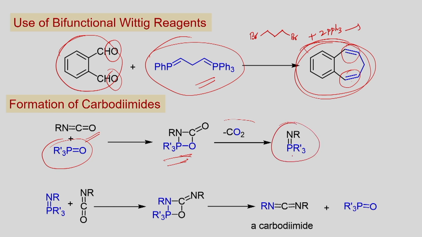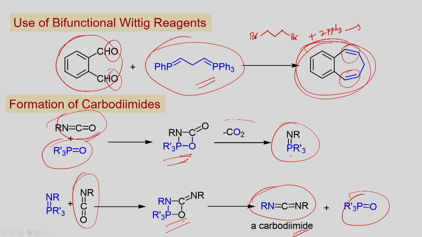Once you form this one, it can further react with this isocyanate as shown here, and you form this cyclic derivative. Once you form this one, it can lose triphenyl phosphine oxide, and then you will be able to form the carbodiimide as the product. So if you have the phosphine oxide, which can be readily reacted with isocyanate, you can form the carbodiimide.